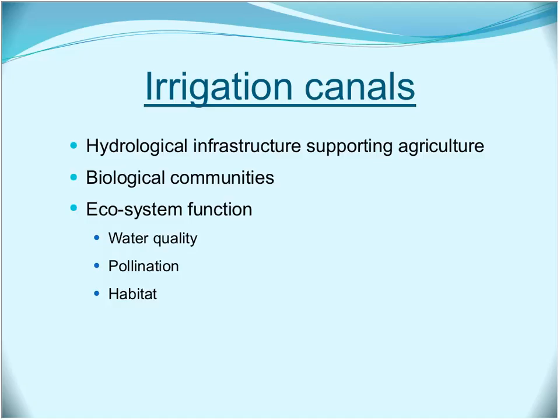But they are indeed, and particularly as many of these irrigation canals, irrigation ditches have matured, have stabilized over the years, they've become these biological communities with several ecosystem functions related to water quality, pollination, habitat for pollinators, nectar and pollen sources for the pollinating insects, and just habitat for a variety of animals.